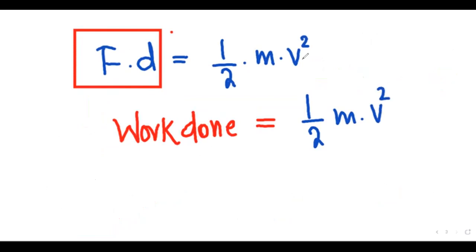Now we can see the work done can be written as half m v square.